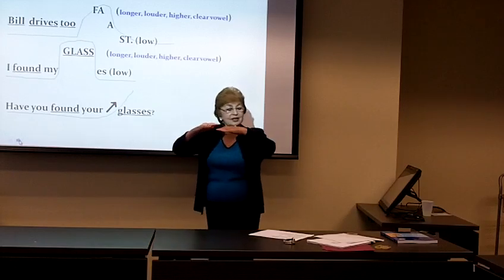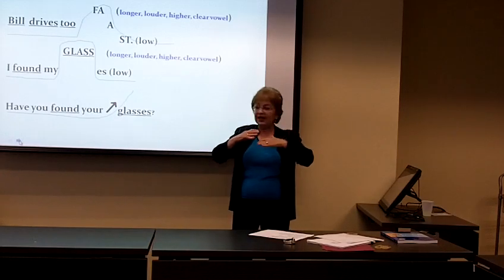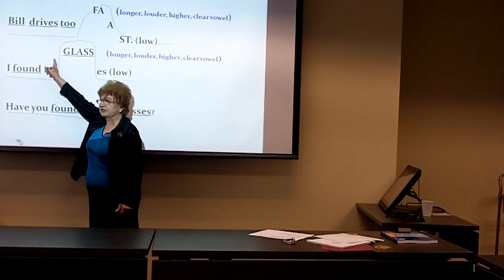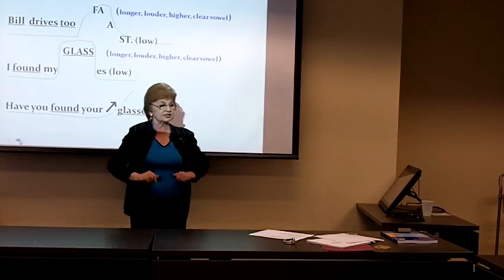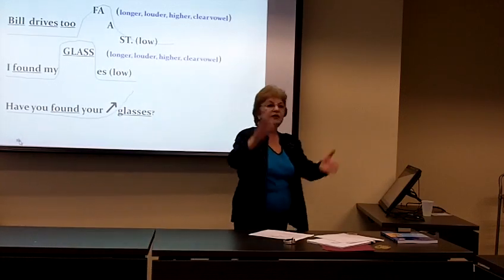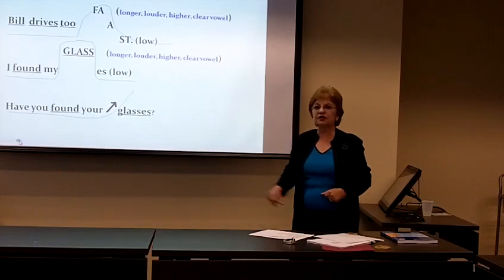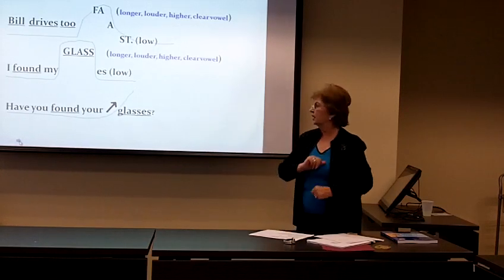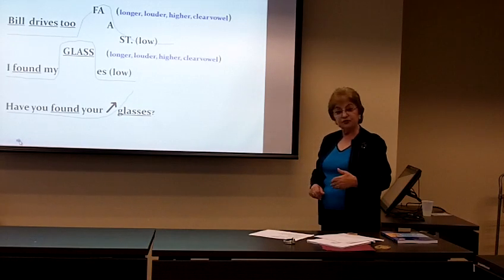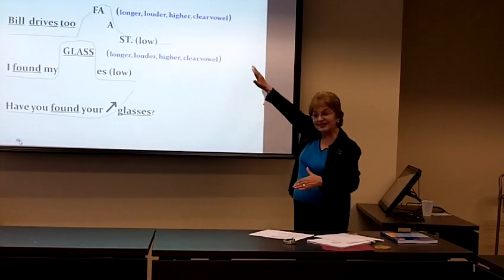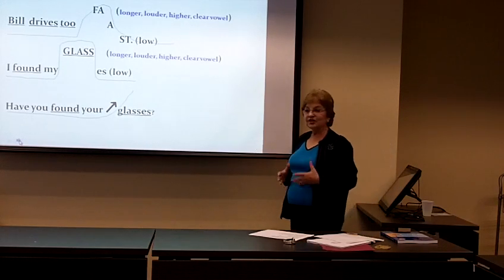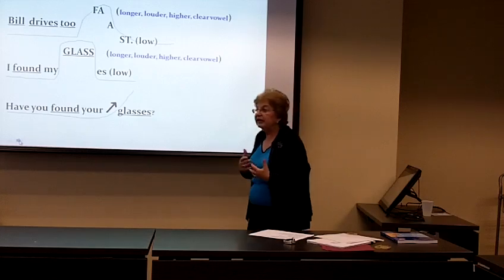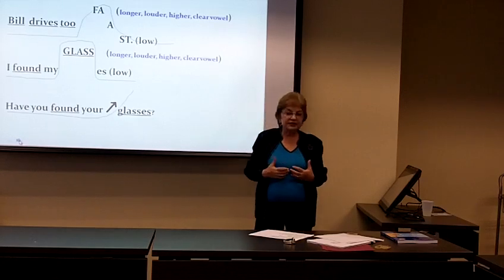Thank you. Okay? So to hear it, I should see this difference. I found my glasses. Together. I found my glasses. Once more. I found my glasses. Excellent. Have you found my glasses? Have you found my glasses? So, see, I'm not doing any pressure on glasses.